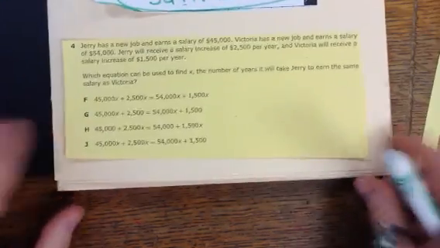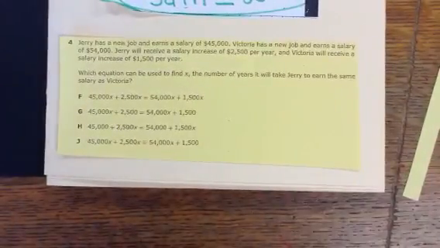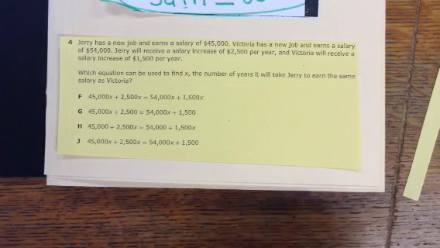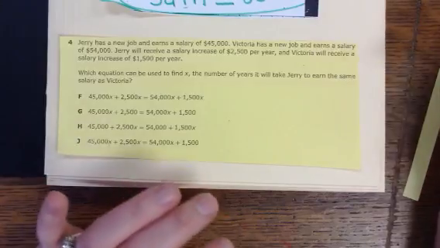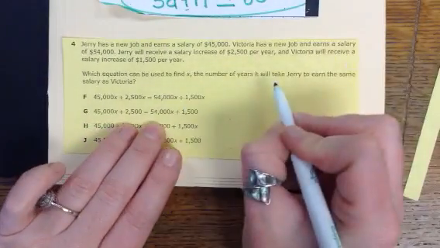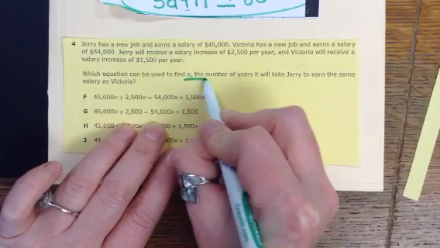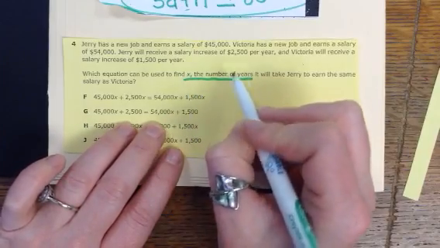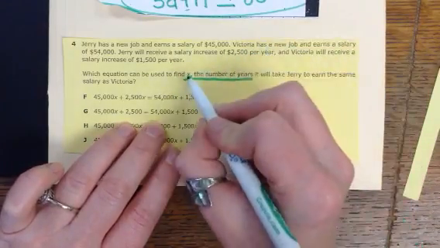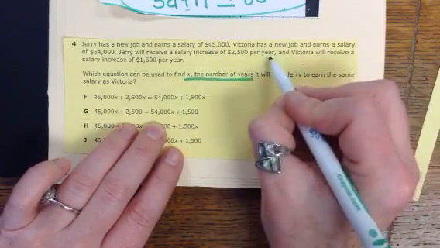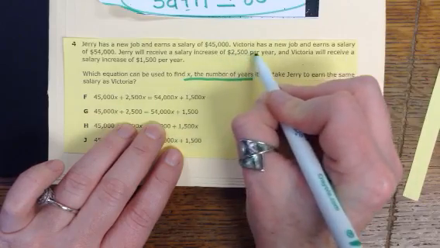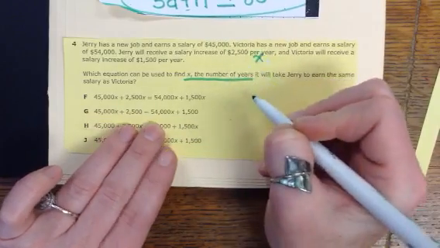So this is what most likely this same type of question will look like on this year's STAR, like the same rigor or level of hardness. So whenever they tell you that a variable stands for something, if you go back to the problem, since X stands for years, wherever they said years, like right here, 2,500 per year, that's where you want to write that variable.